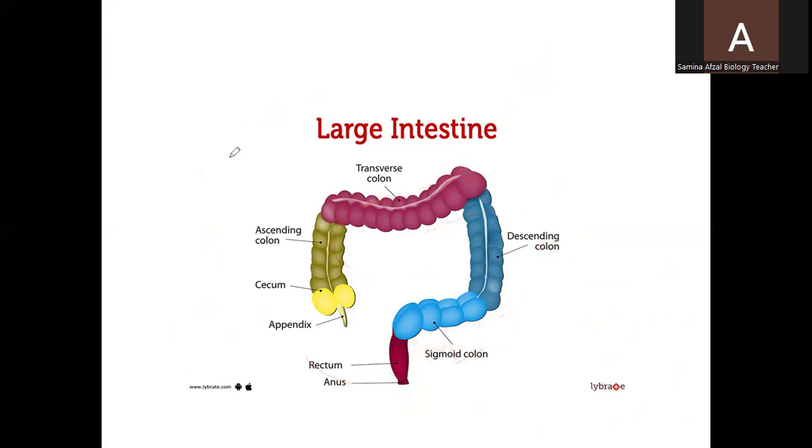First of all, we will discuss the large intestine. You can see on screen the different parts of the large intestine, but the major role of the large intestine is to absorb water and mineral ions.